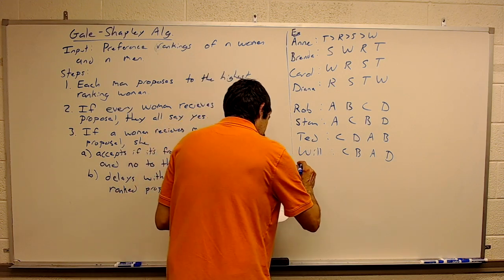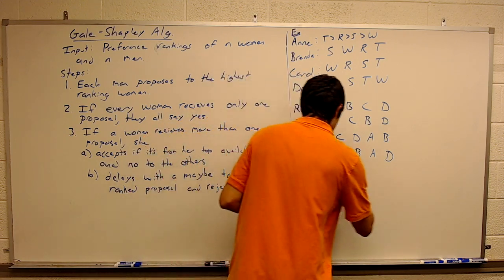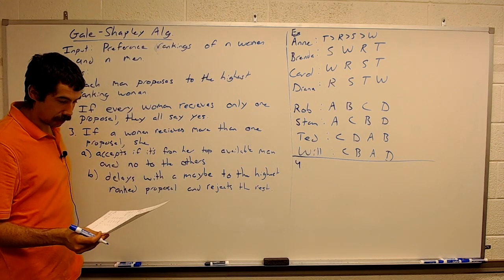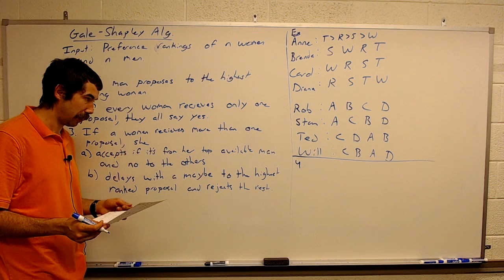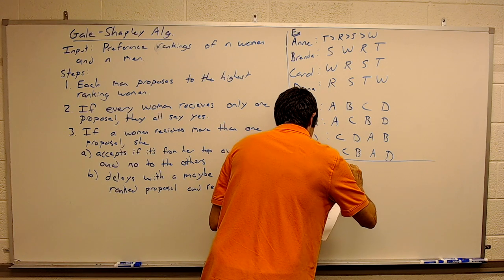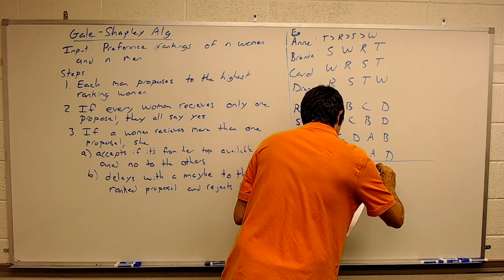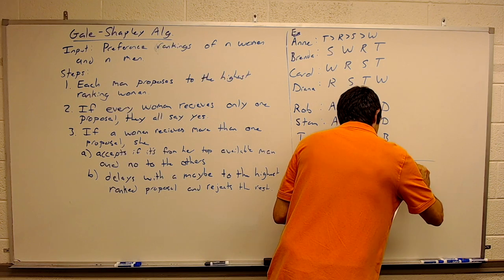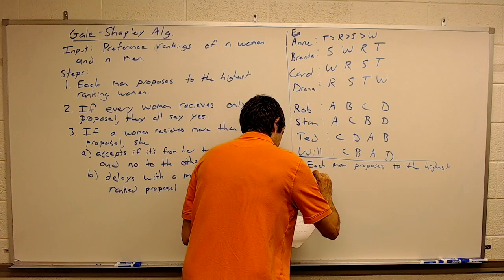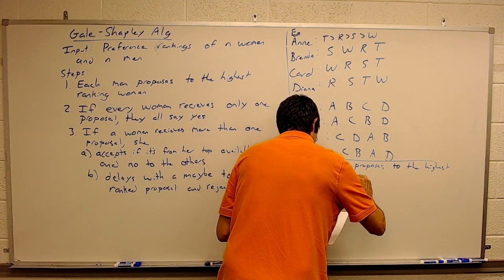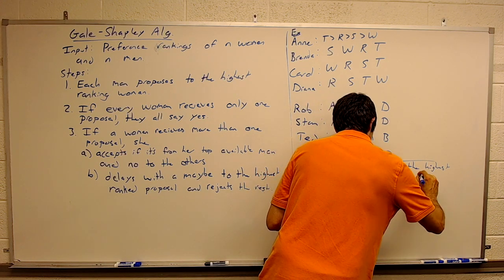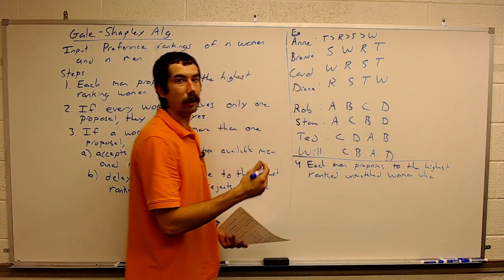Step 4 is each man now proposes to the highest ranked unmatched woman who hasn't rejected him.